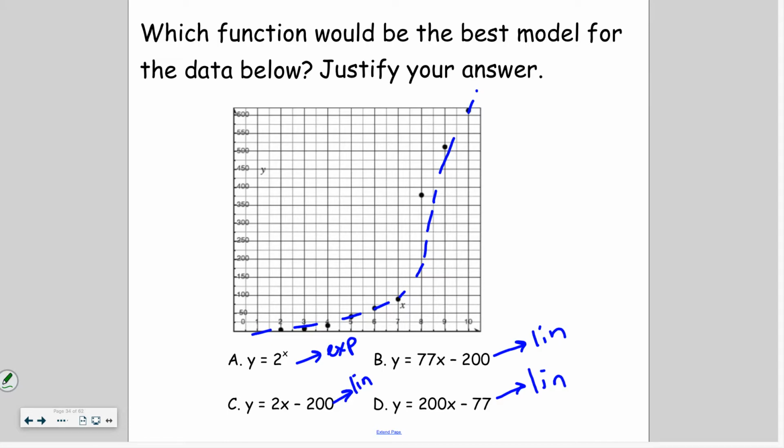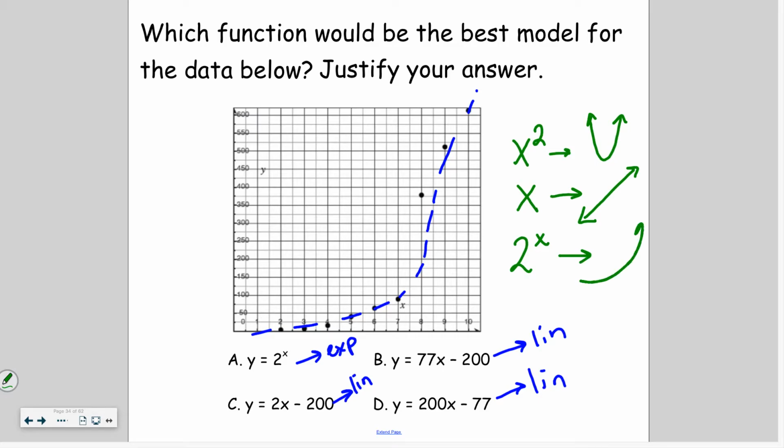Let's go back, I'm going to write these down. So if we had an x squared, it's going to be that parabola. We have an x, it's going to be a straight line. And then if we have, and I'm just going to use this 2 to the x, if we have an exponential function, it's going to look something like this. So which choice does this graph look like? And it would be A if you guessed that. You're correct.